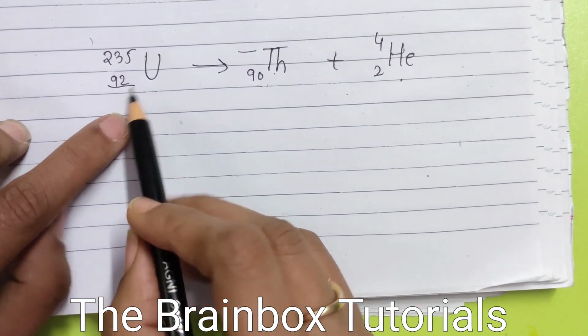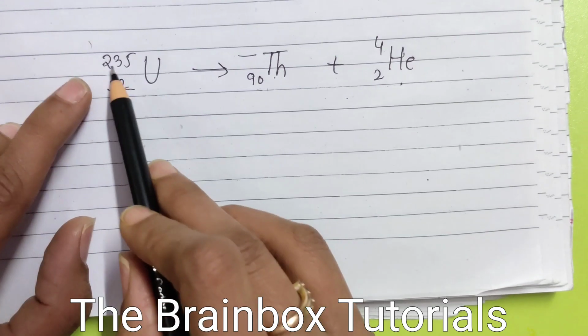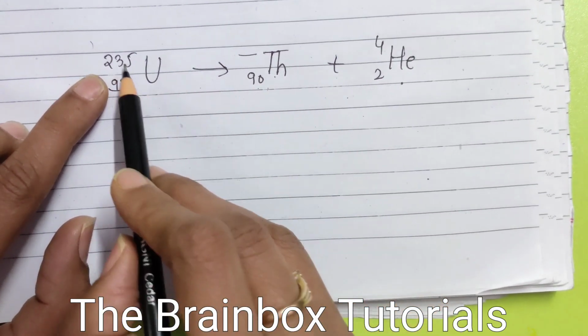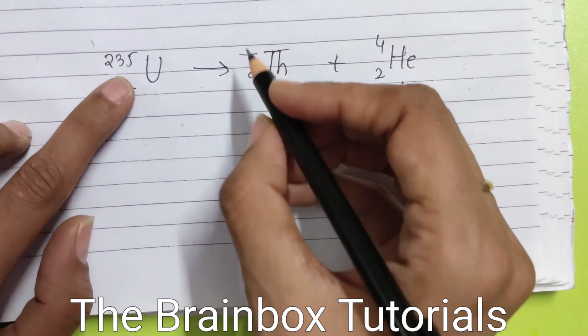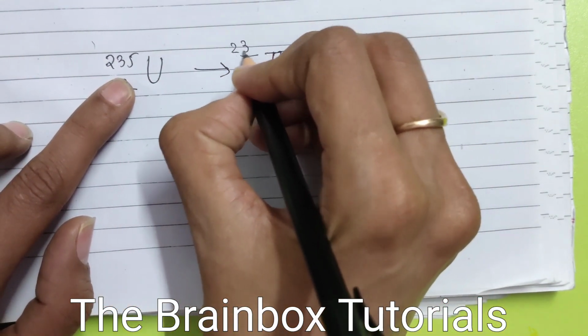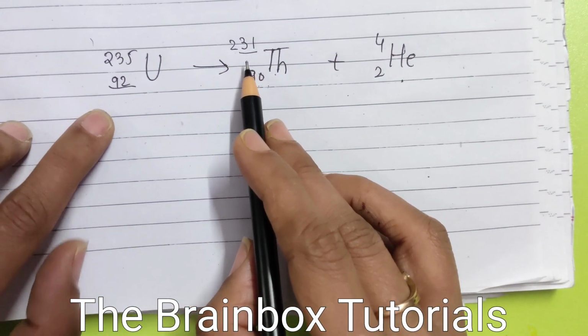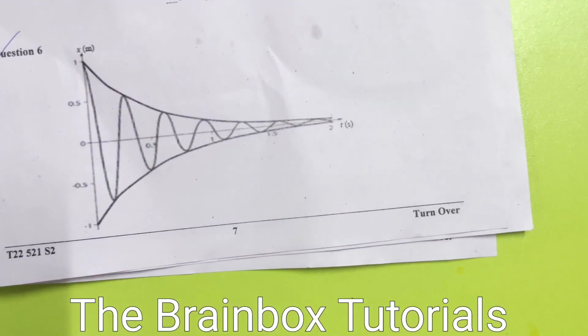And if uranium, that is the parent nucleus, has mass number 235, so 4 is reduced, so subtract 4 from it, 235 minus 4 is 231. So here are the filled blanks. Now moving on to question number 6.